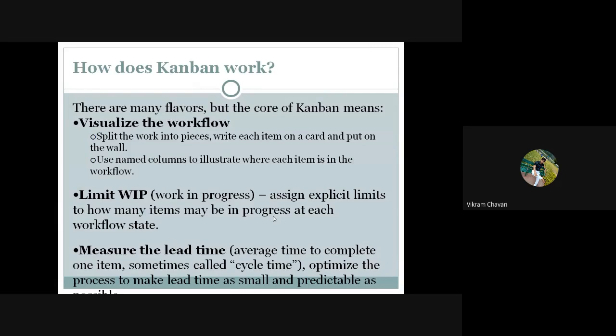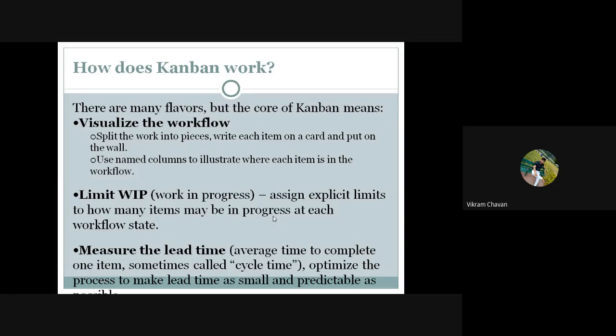The work will be divided into small pieces or small workstations, and accordingly, for which material is at which place, we have to use pins and cards. The naming should be provided on the card, and the location as per the actual location of that material in the industry should be provided on the board. So it will provide the overview of where the material or product is situated in the industry.